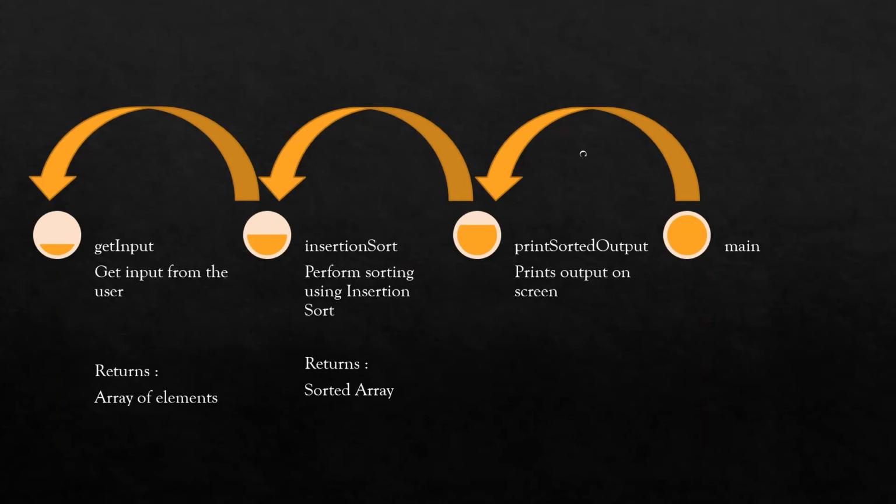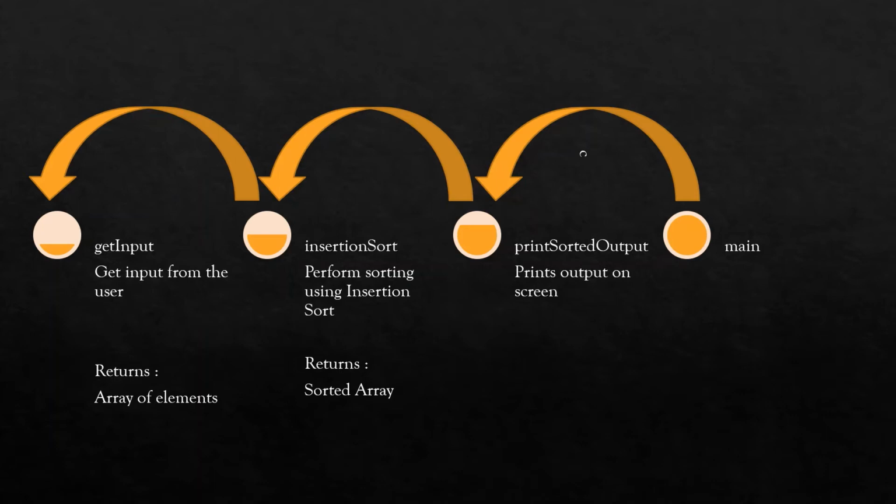I have a function called main, which calls a function called print sorted output. Print sorted output calls a function called insertion sort. Insertion sort in turn calls a function called getInput. GetInput is a function which gets input from the user and it returns an array of elements to this calling function.